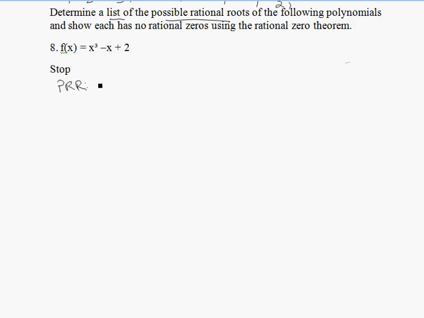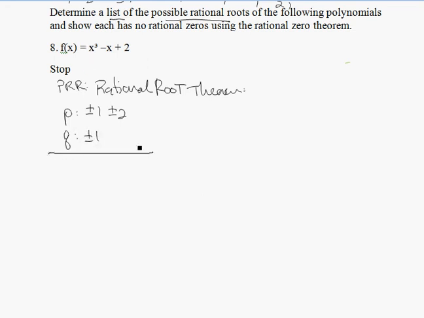So using the rational root theorem, which gives our possible rational roots, the coefficients of my p-values was the factors of 2, plus or minus 1 and plus or minus 2. My q-values are the plus or minus the factors of the lead coefficient, which is just plus or minus 1. So we divide those two, we get plus or minus 1 and plus or minus 2.